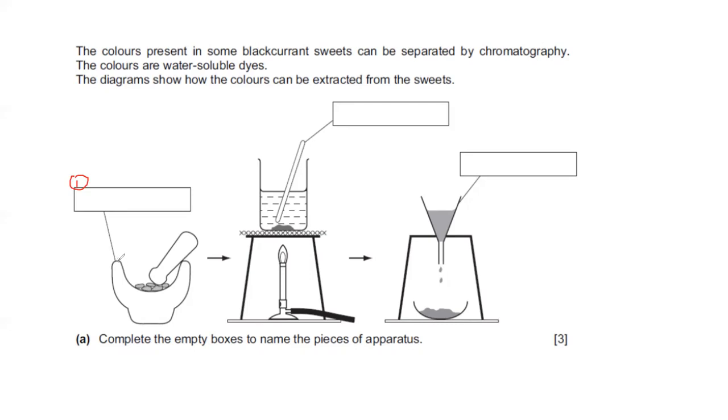So what is this? It's only a mortar. If it is on the whole apparatus, then it will be mortar and pestle. What about box 2? That's a rod or a glass rod. And what about box 3? Stirring rod or a glass rod. And the third one is the funnel.